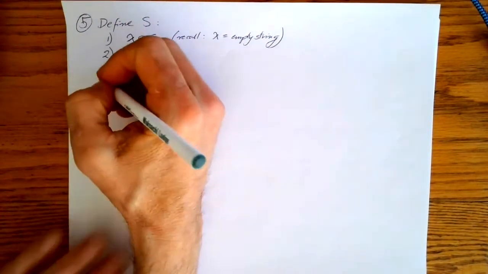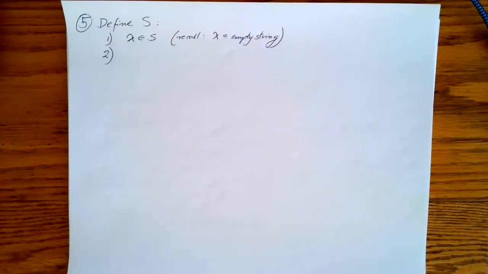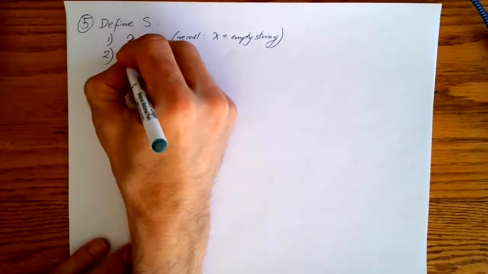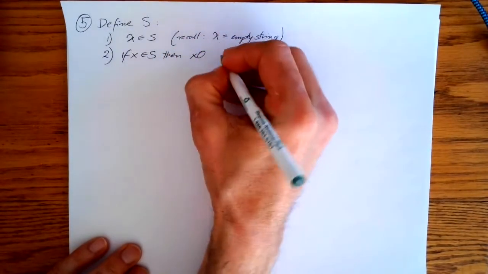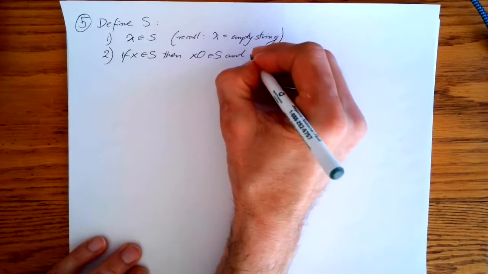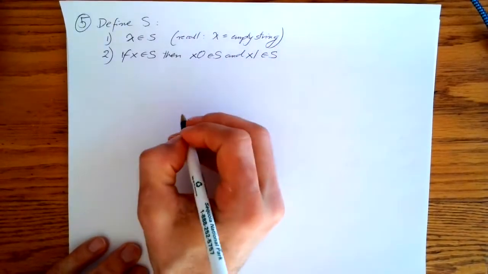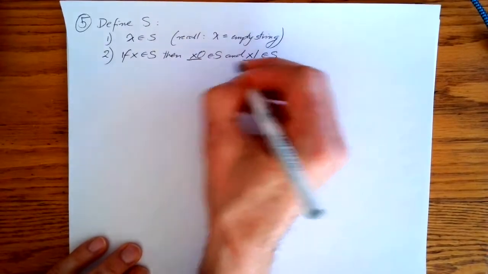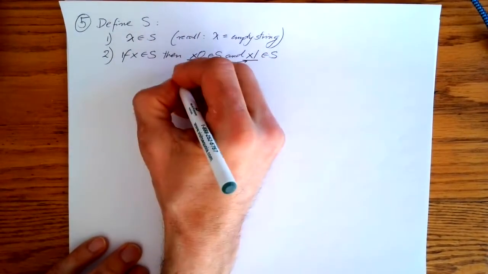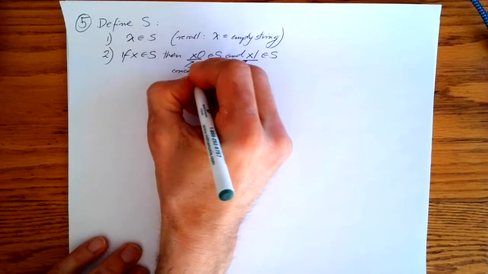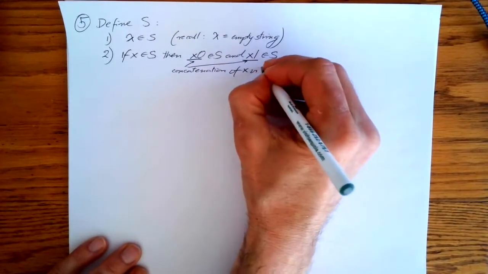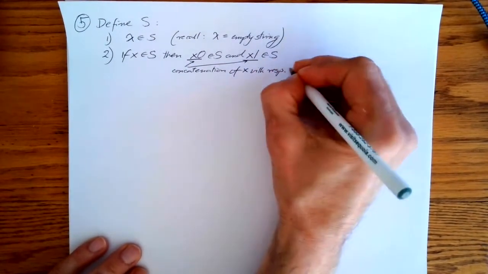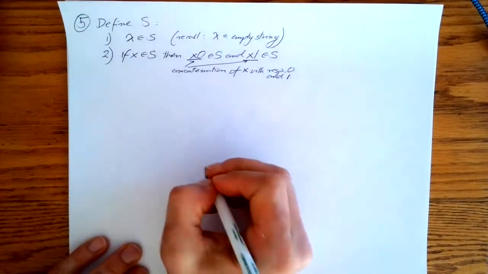And the recursive rule is the following: if x is in S, then so are x0 and x1. And here, these two things stand for concatenation of x with, respectively, 0 and 1.